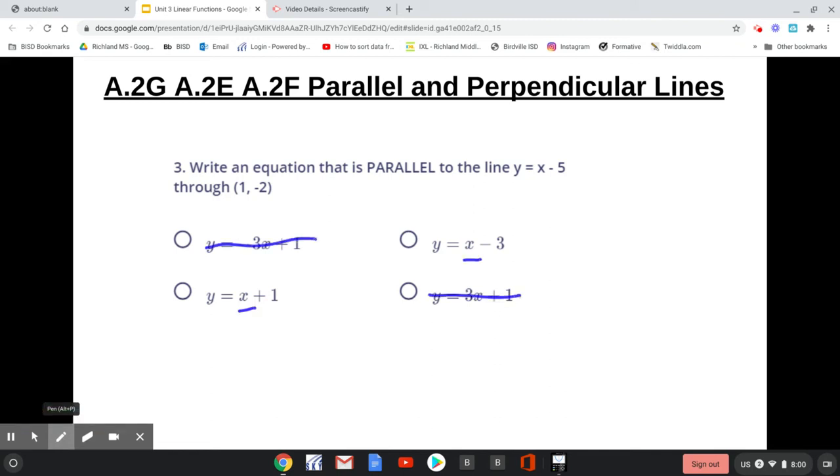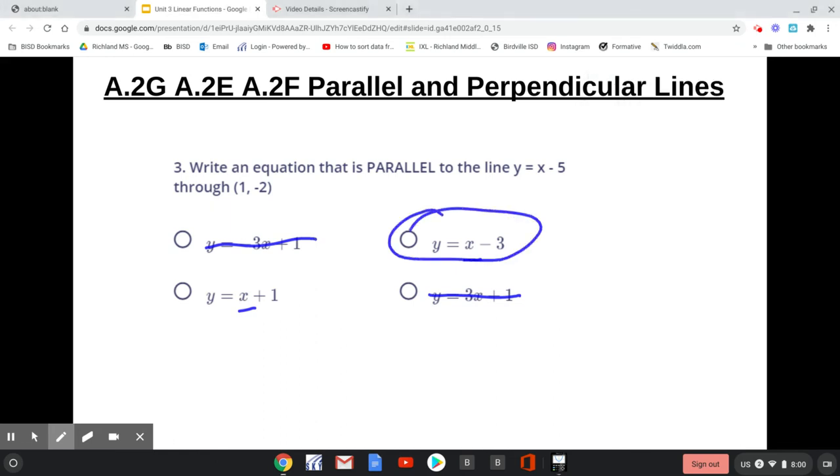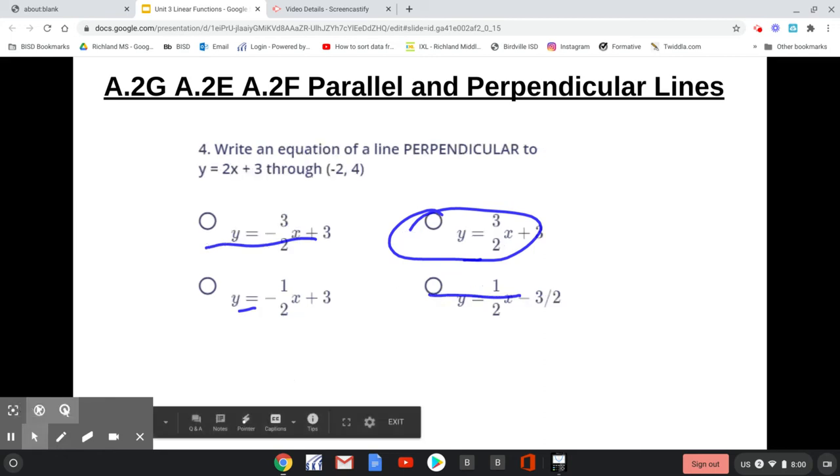We're going to hit the calculator, hit y equals, and we're going to put in x minus 3. And delete the rest. And we're going to hit second table. And when x is 1, is y negative 2? It sure is. So that's your equation. Let's look at the next one.